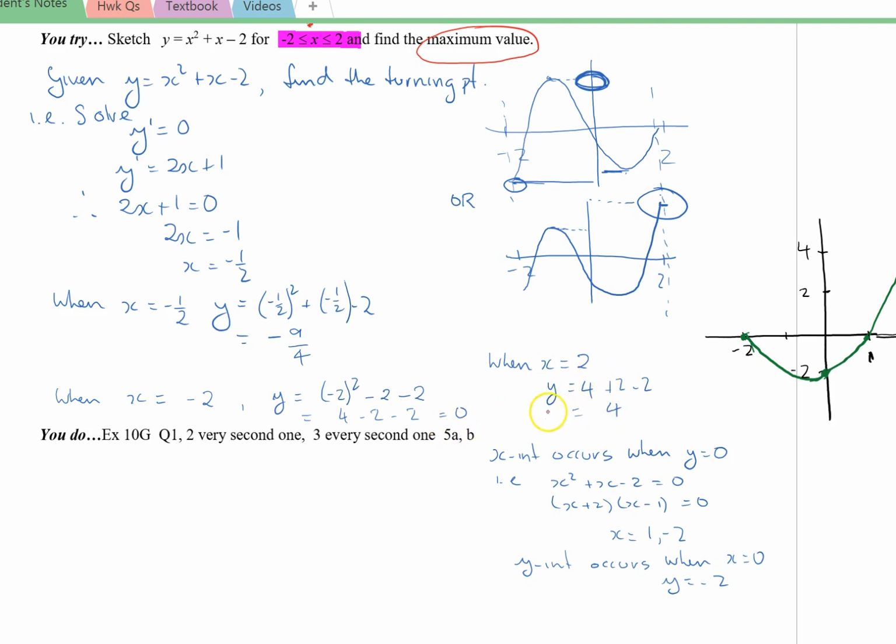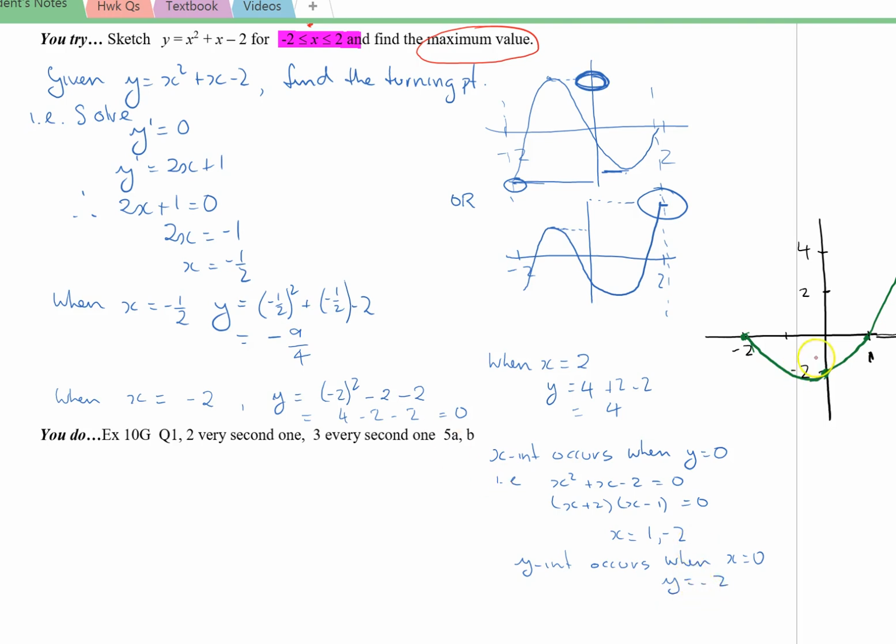I'm starting to get a bit of an idea, and in between those two is a turning point, a minimum. And then I just did my basics. X-intercepts occur when y is 0. Find my x-intercepts, which occur at 1 and negative 2. And the y-intercept is when x is 0, and so it cuts at negative 2.